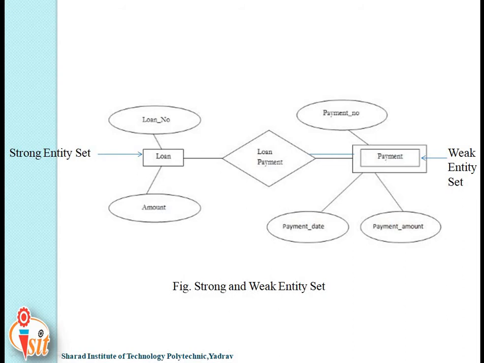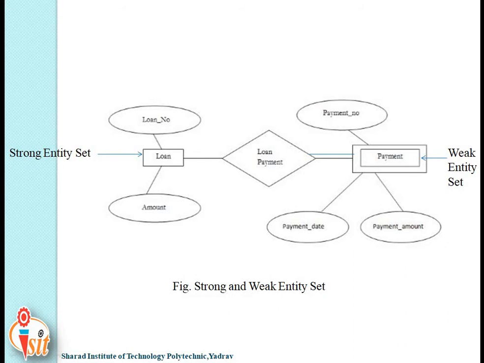Here loan could be uniquely identified by loan number, as every loan has a different number, just like your roll numbers. Now the payment entity, when it gets in relation with the loan entity, payment number could not identify it uniquely, as payment number may be the same for two or more loans.